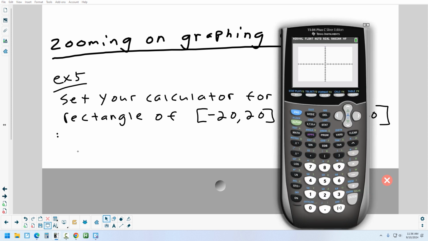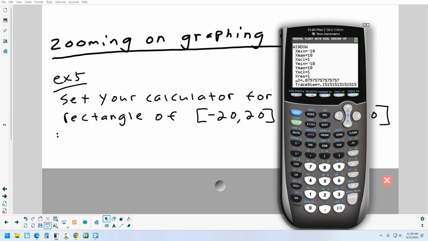Well, if you go back to your calculator and you press window, that's the button right next to zoom. There's 4 numbers there that are really important. X min and max, Y min and max. We're not worried about what the other numbers do. If you want to know, the X scale has to do with how often you see tick marks on the screen, but I'll probably never change that.